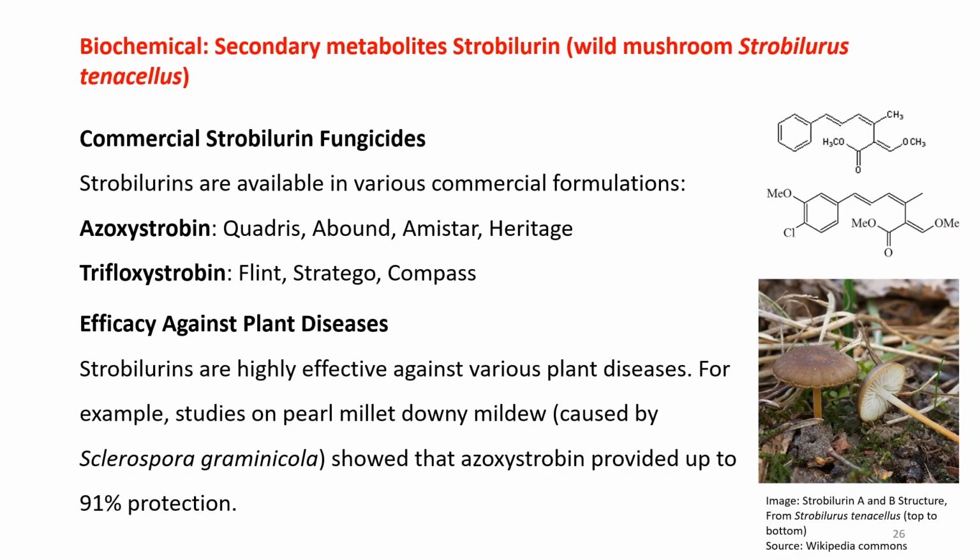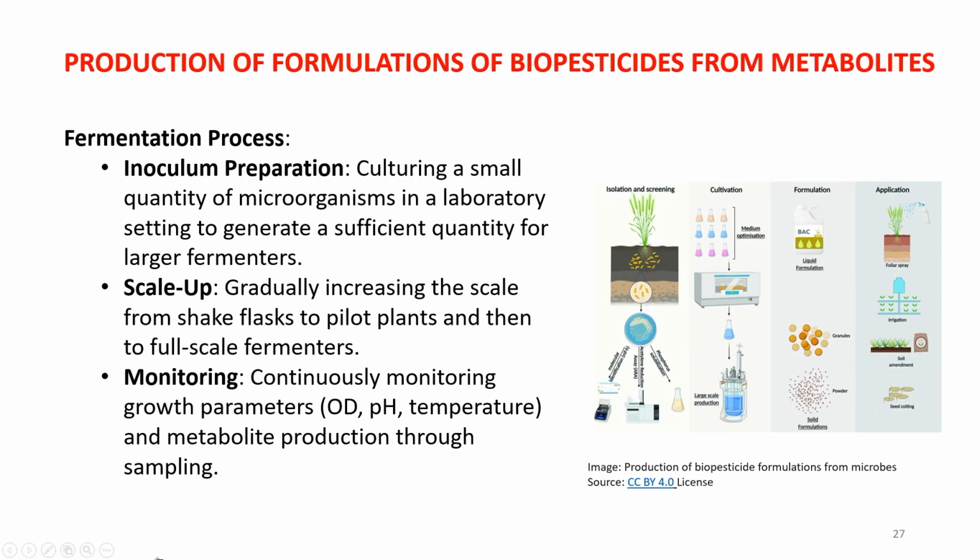Commercially, these fungicides are now available in various formulations, like azoxystrobin, Quadris, Abound, Amistar, and Heritage, and also trifloxystrobin, Flint, Stratego, and Compass. And these have efficacy against various plant diseases. For example, studies on pearl millet downy mildew showed that azoxystrobin provides up to 91% protection, which is quite high.